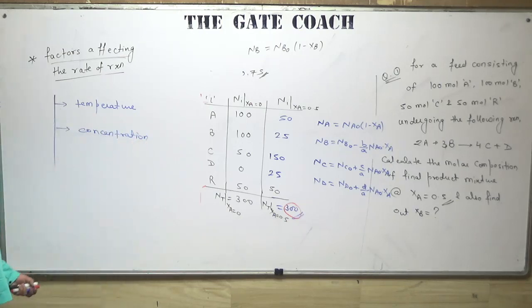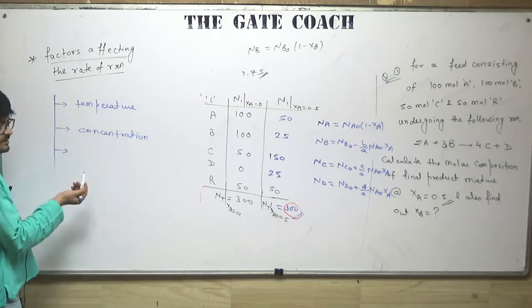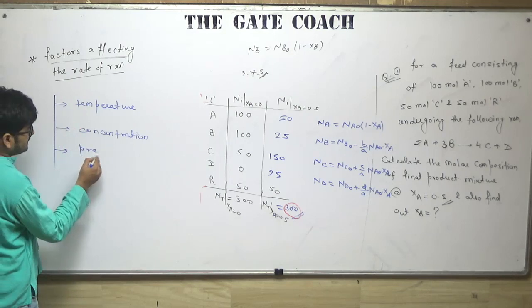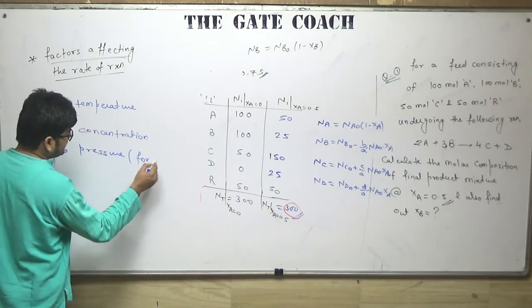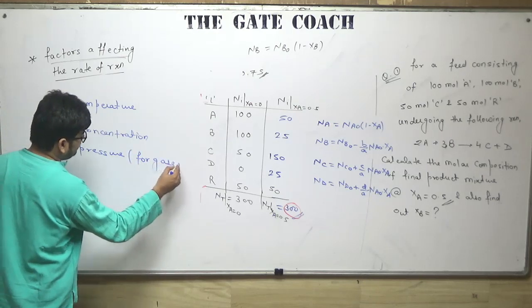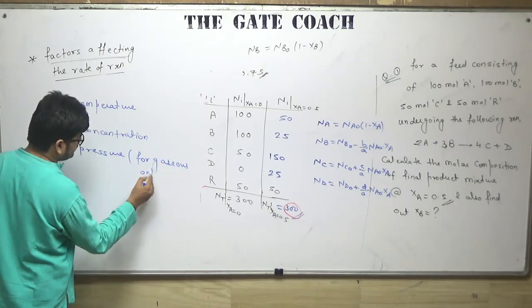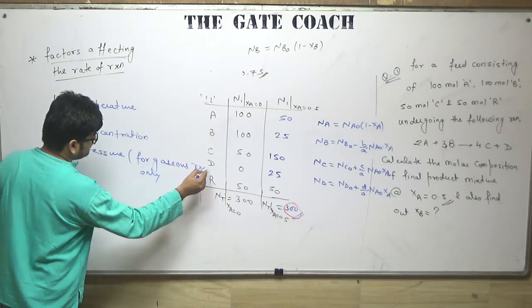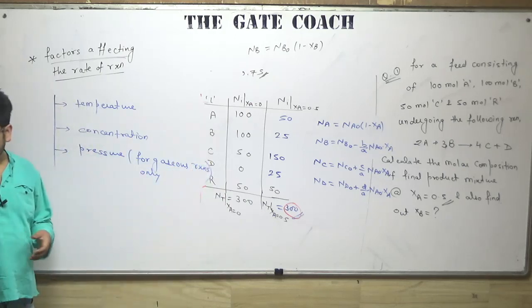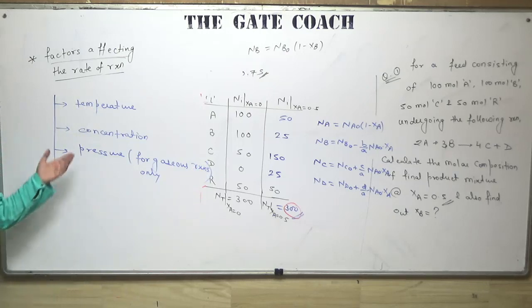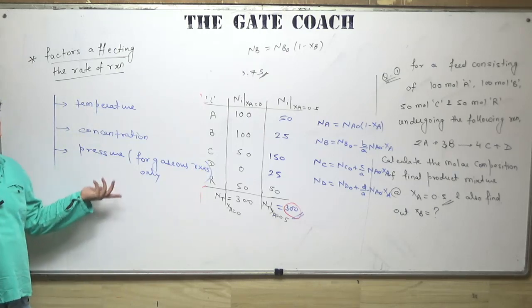And sometimes in some books for homogeneous reaction system they also use a term pressure. But as pressure is only for gaseous reactions, I suggest that we should not mention pressure as well.